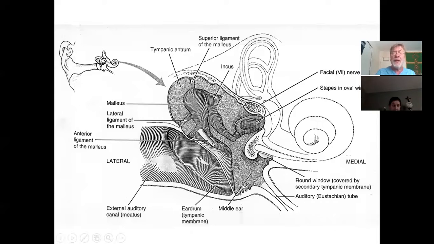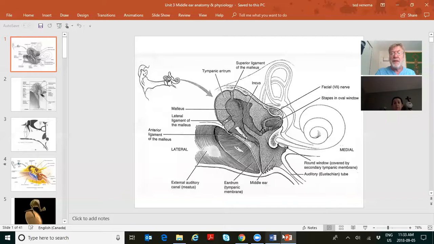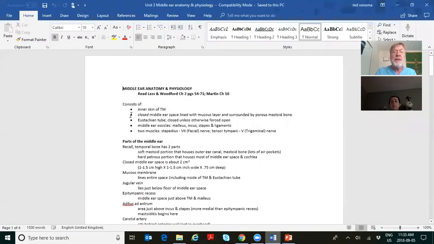So now we'll look at our PowerPoint slide. Our notes, I should say. So the middle ear consists of the inner skin of the tympanic membrane, and we said it's also a closed middle ear space, lined with mucus layer and surrounded by porous mastoid bone.